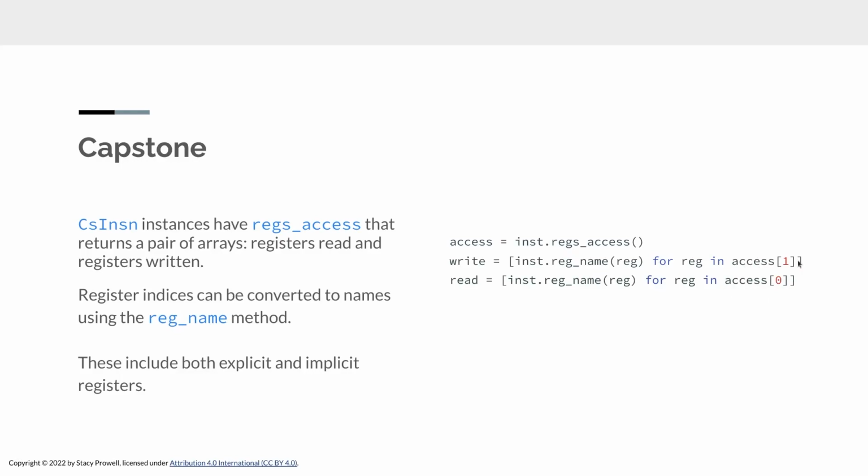They're lists of integers, where each integer is the name of a register. What I'd like to do is have a list of the register names instead of a list of integers. So for each integer reg in this list, I go and get the register name, and I make a new list of those register names. And this is how you do that in Python.